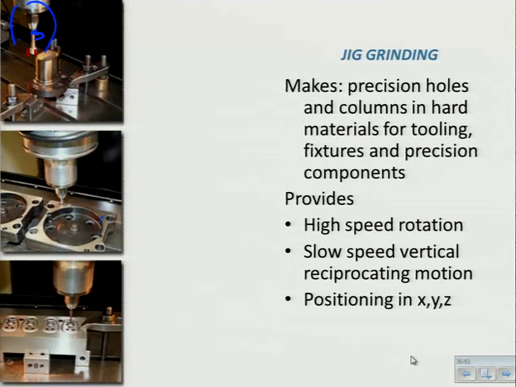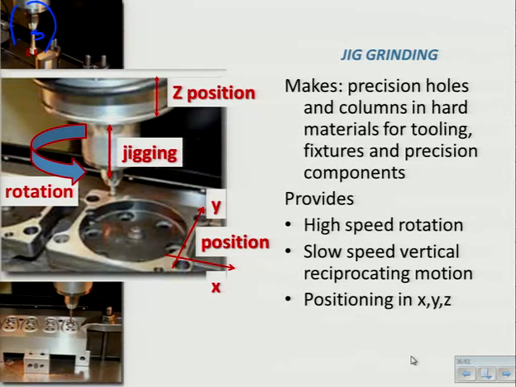And if I know where those sides are, and that's spinning around, and I've calibrated everything, I can make a very precise hole in something that's very hard. So we have the jigging going up and down. We need some positioning for Z, positioning for X and Y, and then this thing has to rotate, usually rather fast, because to get good tangential speeds at the surface with a small diameter, you need a high number of RPMs.